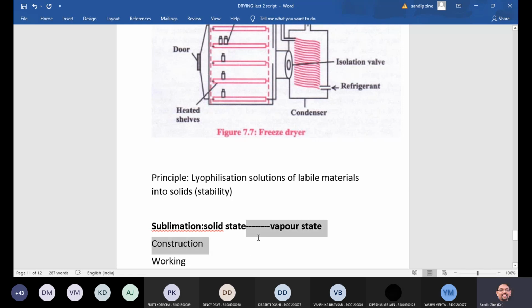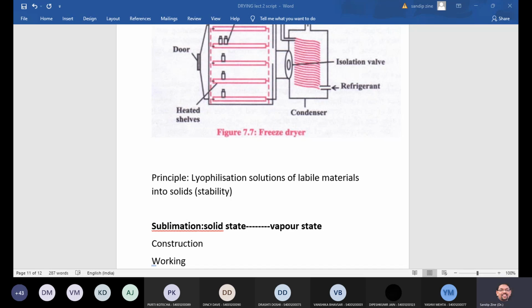The liquid phase lies in between, so in sublimation the process does not go through it, from solid directly to vapor.